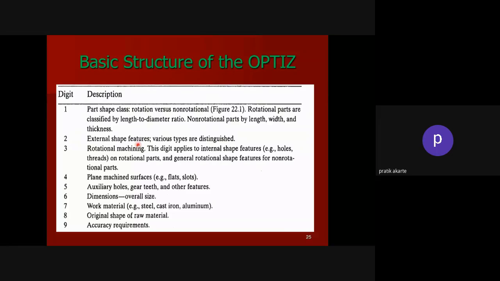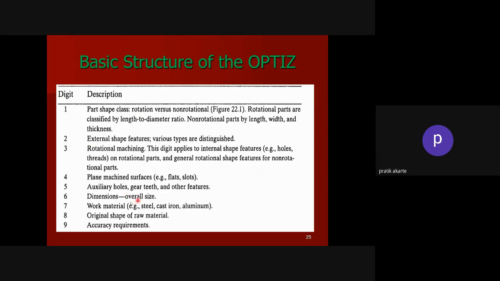The third position is for rotational machining. This digit is applied to the internal shape features, for example holes or threads on rotational parts, and general rotational shape features on non-rotational parts. Number 4 is for the plane machined surface, whether they are flats or slots on the outer side. If auxiliary holes, gear teeth, and other features are present, then we assign the 5th position.